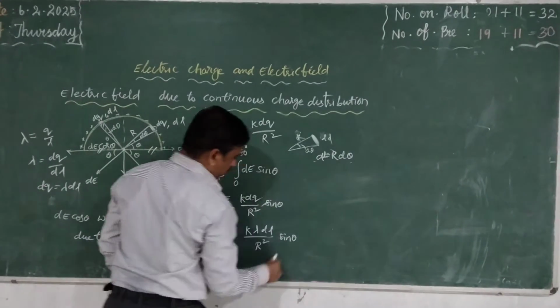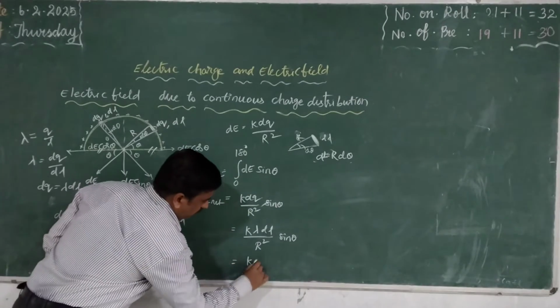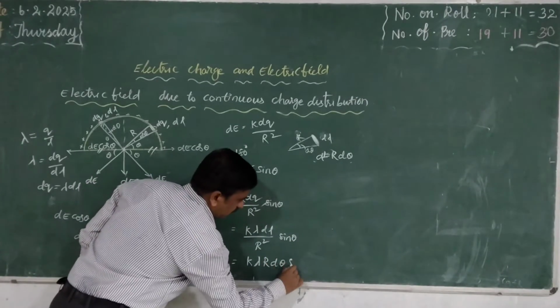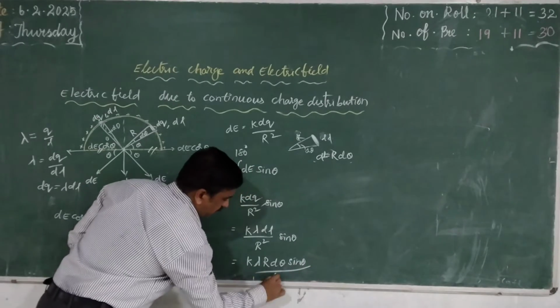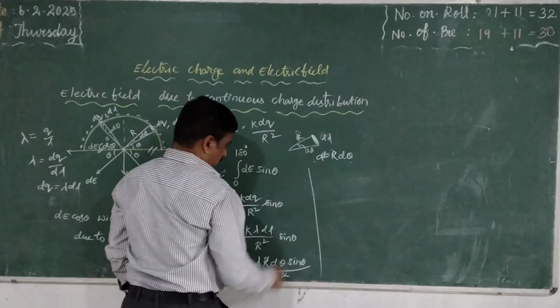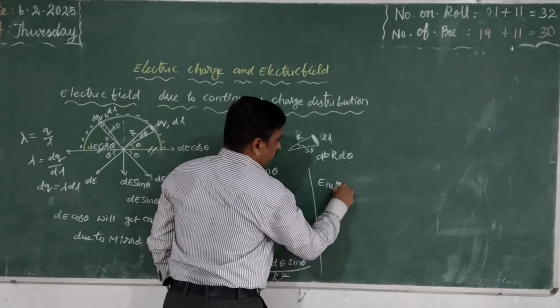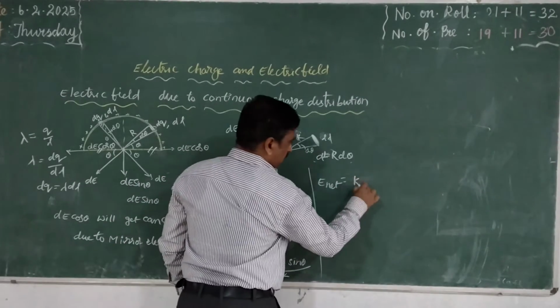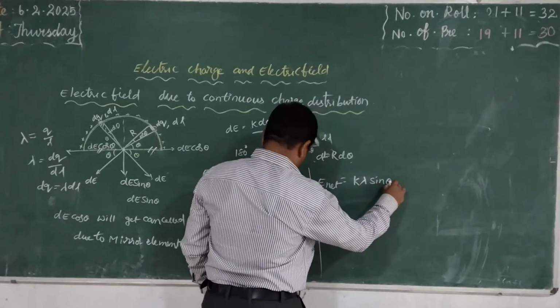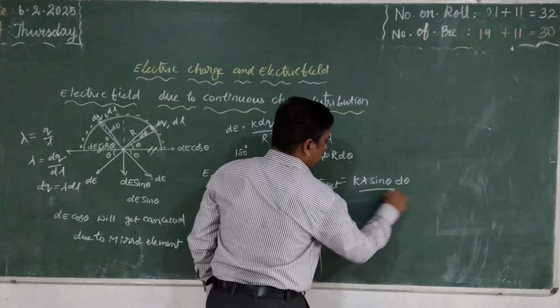Substituting dl equals r d theta, we get k lambda r d theta sin theta by r square. One r cancels. So E net equals k lambda sin theta d theta by r.